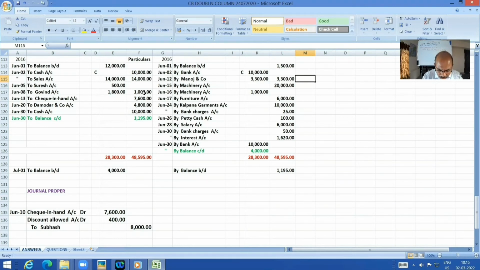Received a check for ₹7,600 from Subhash in full settlement of ₹8,000 due from him. Yes. I have told you, I will invariably read the complete sums, and you, my dear students, must do that too. So this check has not been deposited on the same date. Hence, today, the 10th June, it doesn't get qualified in the cash book. However, in the journal proper, I'm showing check in hand account debit 7,600, discount allowed account debit 400, to Subhash 8,000.